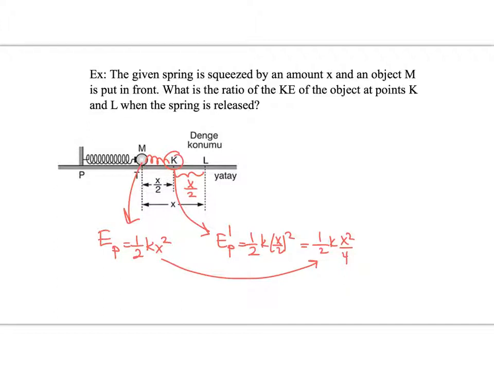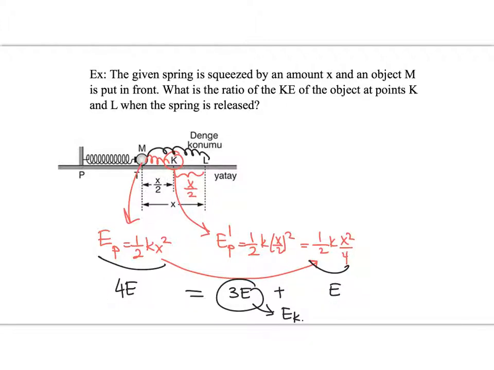So if I say that this is equal to E, at the beginning it has an energy equal to 4E. So where is the rest of the energy? The rest, 3E, is transferred to the object as kinetic energy. If the spring comes to position L, you see that this is the equilibrium position. That means that there is no amount of stretch.